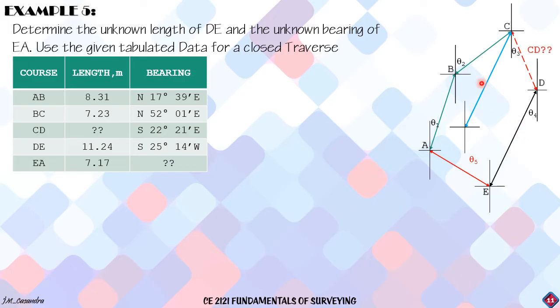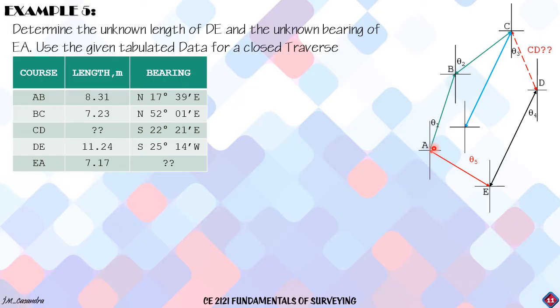They are parallel in order not to change your latitude and departure. From here, we can close it now at point A. You could also move line DE at point A, but you'll have a different traverse, though you'll still get the same or almost the same values later on. So you may try this at home.